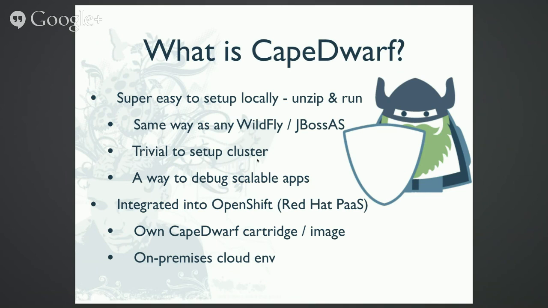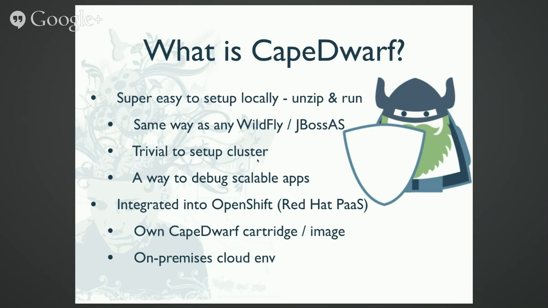With OpenShift version 3, we're moving into Kubernetes and Docker. So basically what we need, we'll provide a proper Docker image that's going to be used in OpenShift version 3, and that's it. Those are the details of OpenShift.